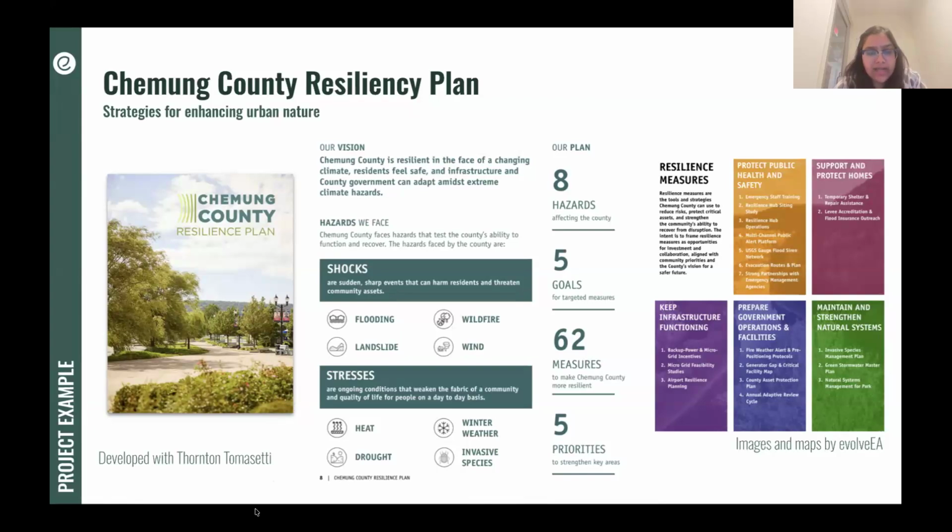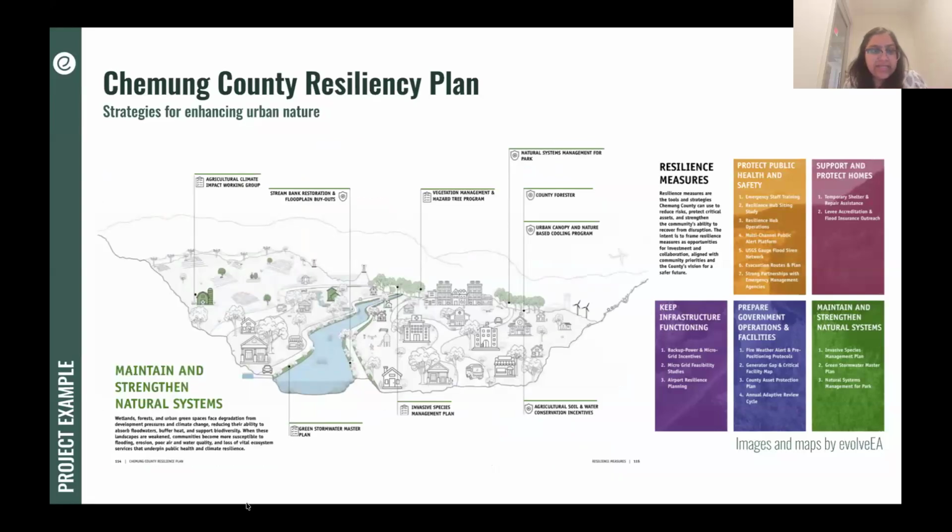One of the priorities that were identified was to maintain and strengthen natural systems, that is wetlands, forests, and green urban spaces, especially due to their ability to absorb flood waters and support biodiversity. And in the next slide, you'll see that when these landscapes are weakened, communities become more susceptible to flooding, erosion, poor air and water quality, and loss of vital ecosystem services that actually underpin public health and climate resilience.